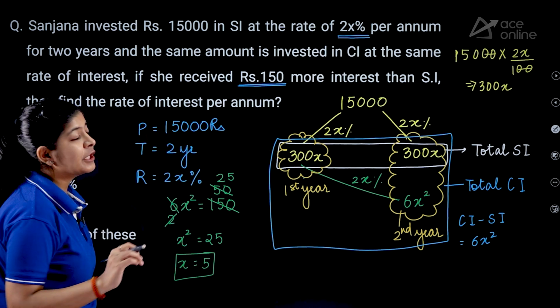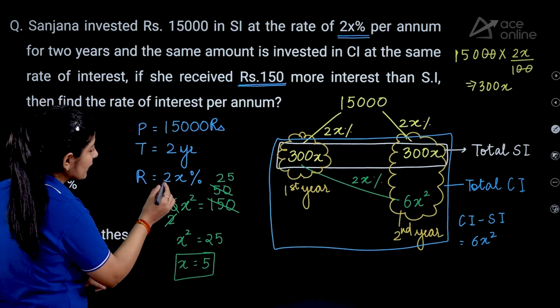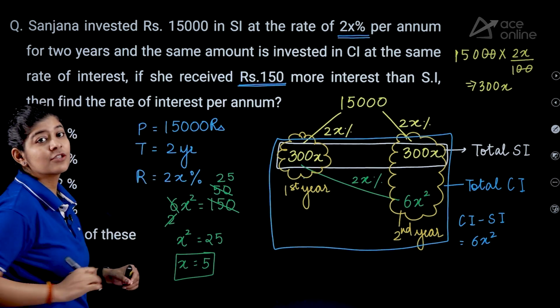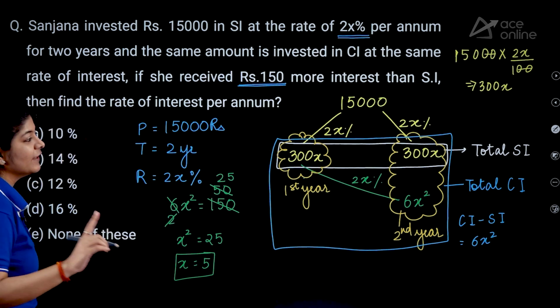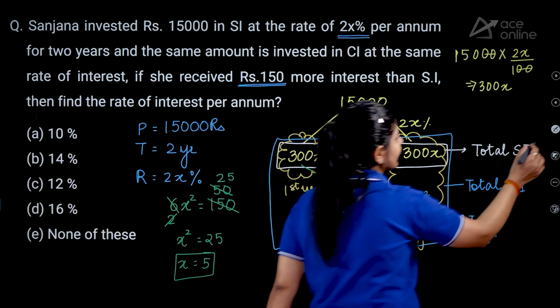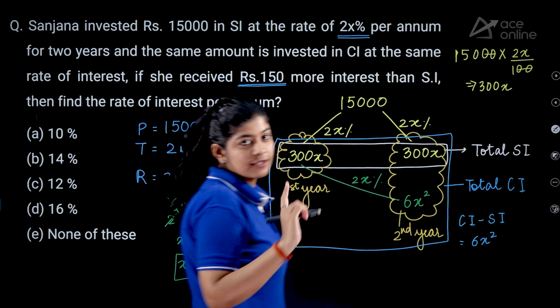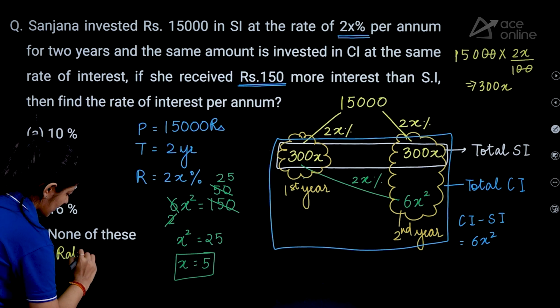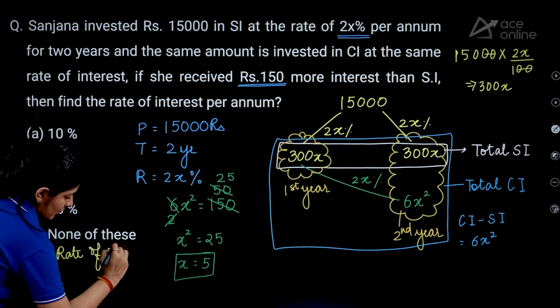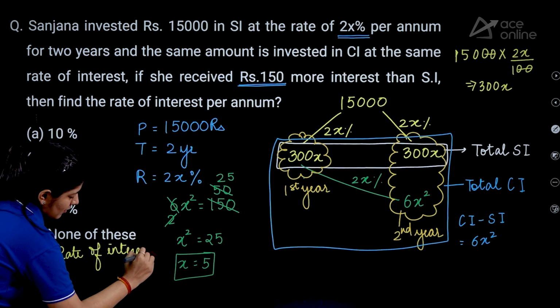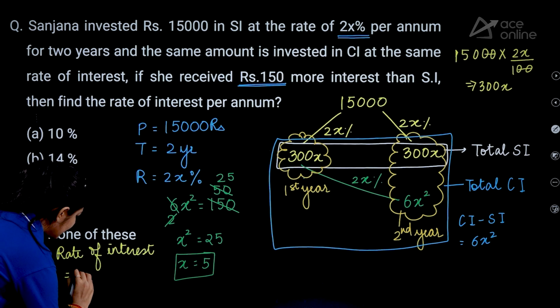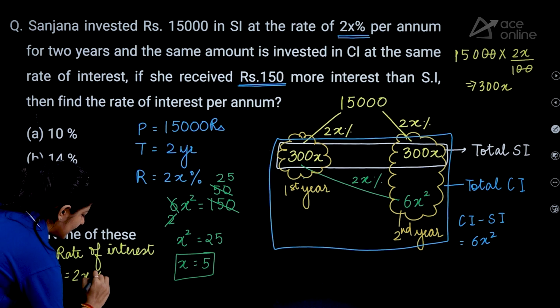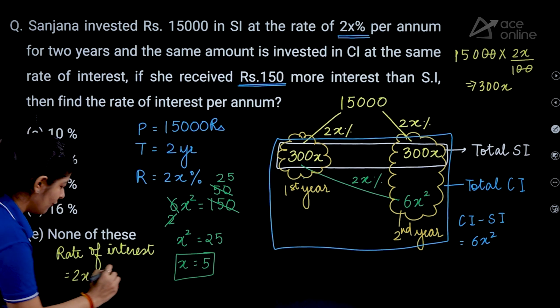But what do we need to find out? We need to find out the rate of interest, and that is nothing but 2x. So the rate of interest that we are getting over here is 2x%. Now I simply put the value of x over here.